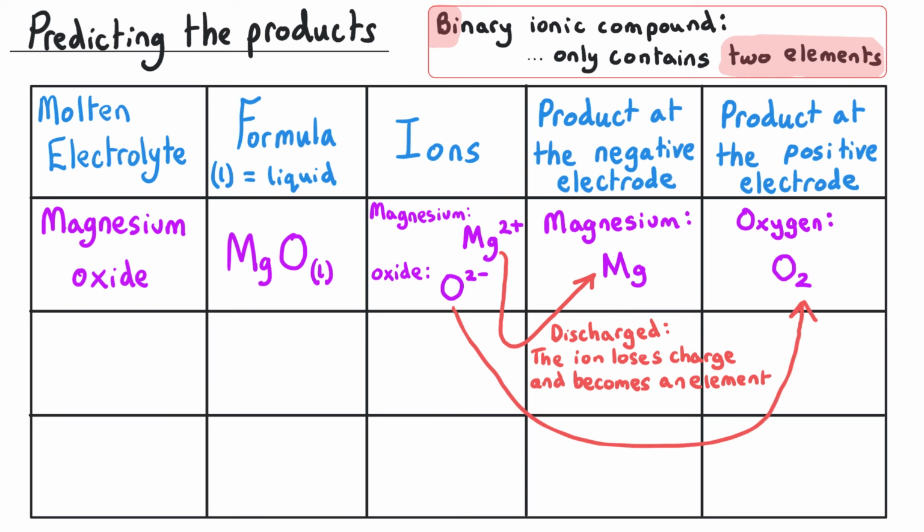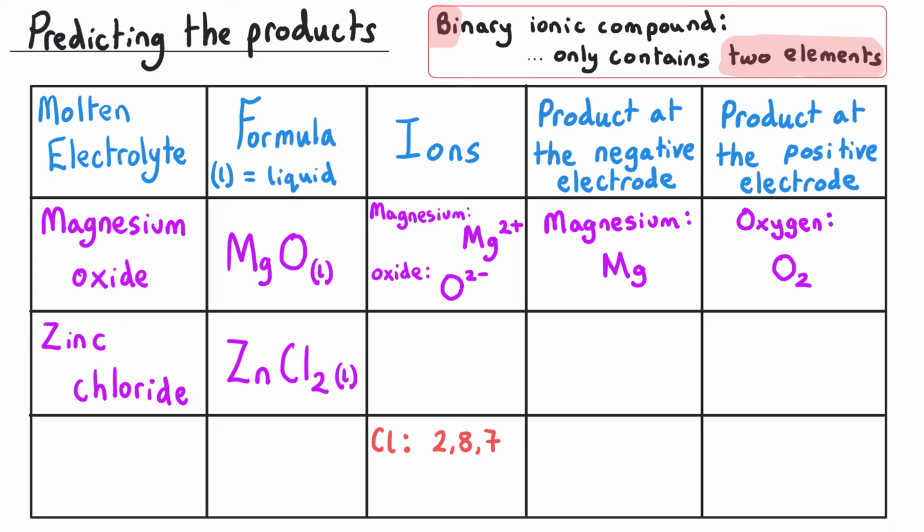For a second example, let's take a look at zinc chloride with the formula ZnCl2. That formula means that there are 2 chloride ions for every 1 zinc ion. We know that chlorine is in group 7, so it will form 1- ions. To fill the outer shell, it must have gained 1 negative electron to get that 8 electrons.